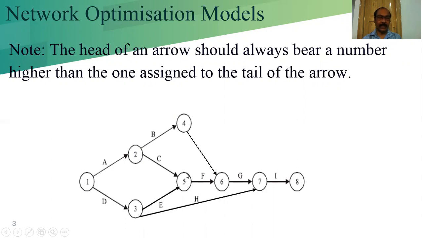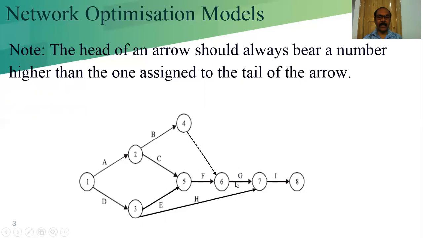Since this is 3 and this is the successor, this node is the successor of 2 and 3. So this number should be more than that. Instead of 5, we can also put 4 here and put 5 there. So 5 and 4 we can interchange. And 6 is the successor of 5 and 4. That's why it should be 6. This node is the successor of 4 and 5, so it should be more than those.